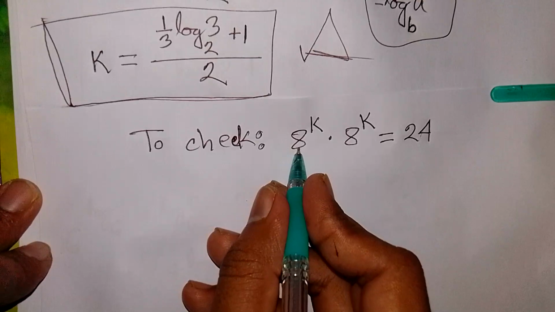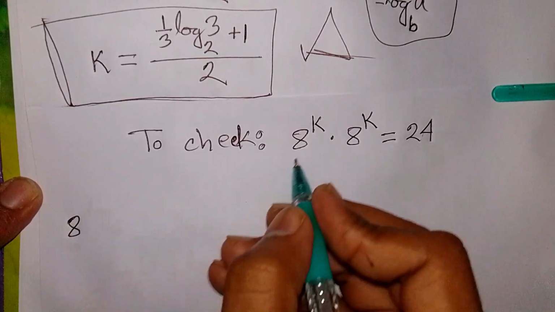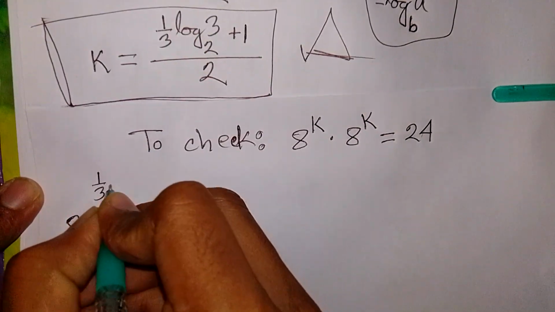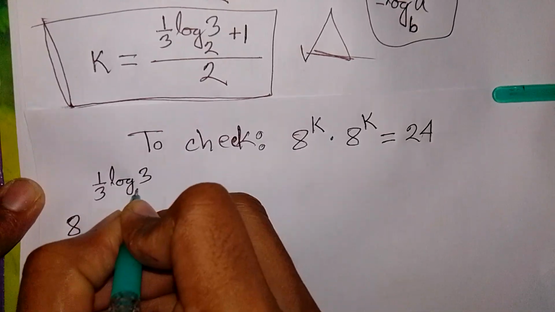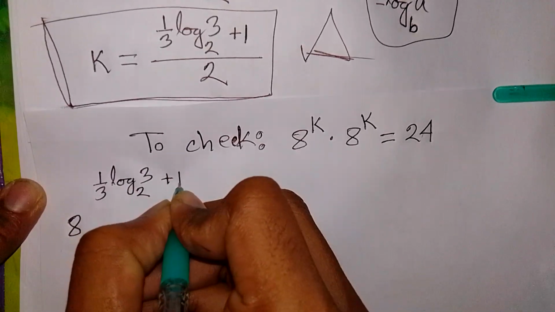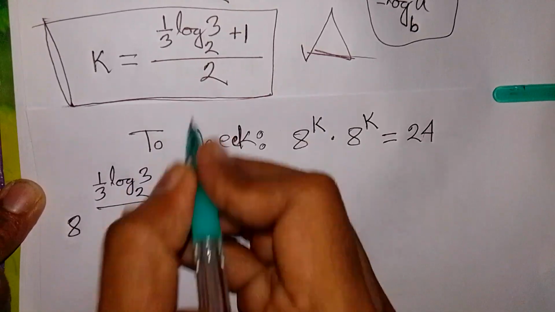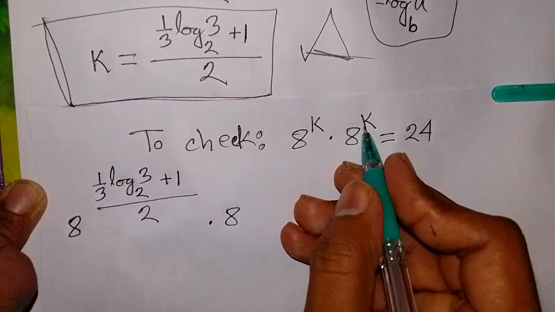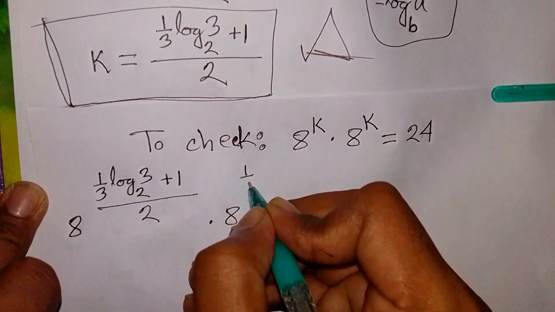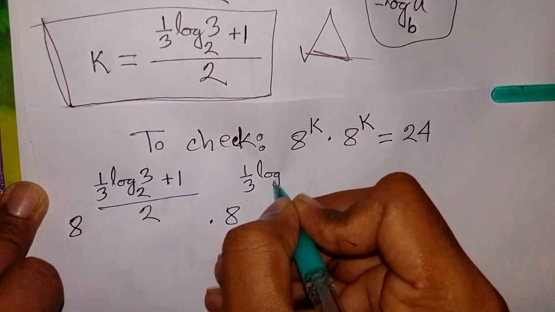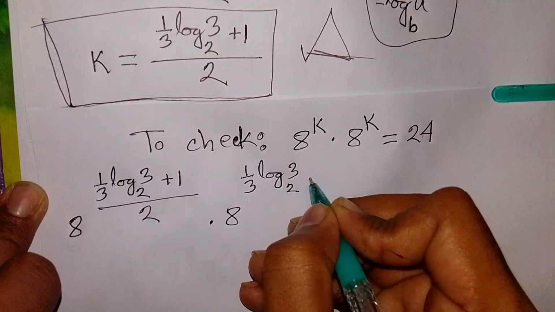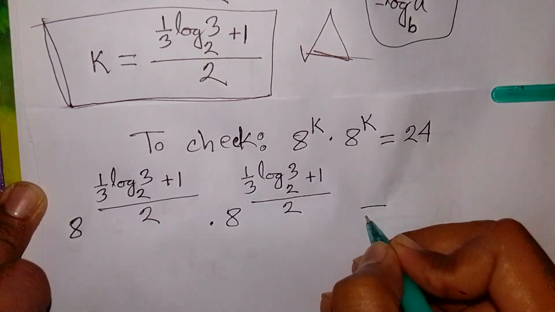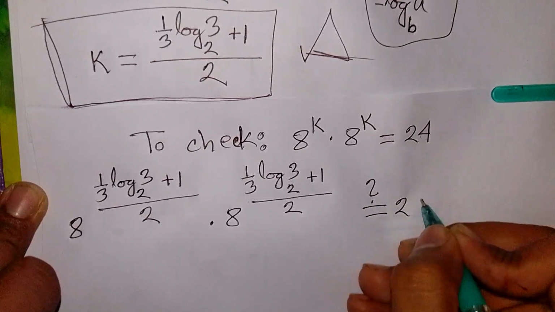Now 8 power k, so the value of k, which is this 1 by 3 into log 3 base 2 plus 1 over 2, times 8 power k, which is 1 by 3 log 3 base 2 plus 1 over 2. Is it equal to 24?